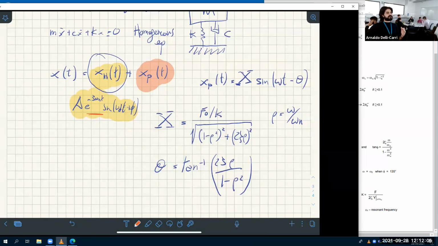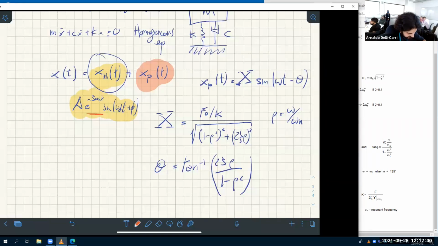If time goes to infinity, what happens to this term? Oh, for time going to infinity, e to the power of minus infinity tends to 0. So this thing disappears completely. So we can say that this is the solution at steady state, so after enough time has passed, the solution is just this. Okay? Because this term decays very quickly, decays exponentially.